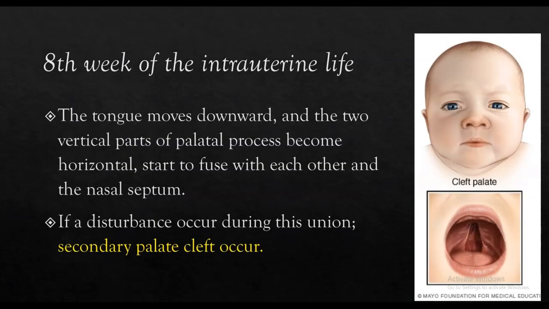During the 8th week of intrauterine life, the tissues forming the mandible make rapid progress. As a consequence, the tongue moves downward, and the two vertical parts of the palatal process become horizontal and start to fuse with each other and the nasal septum. If a disturbance occurs during this union, secondary palate cleft occurs.